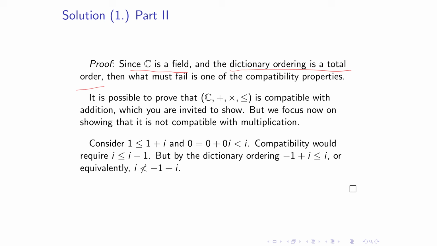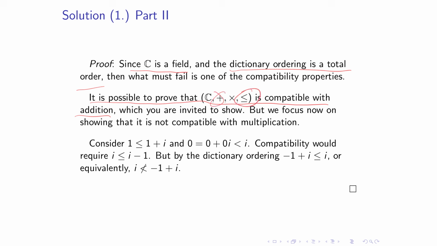And so I will just go ahead and note without proof that if we put them together with the plus and times and less than relation, the result is compatible with addition. That this less than or equal to relation is compatible with addition.